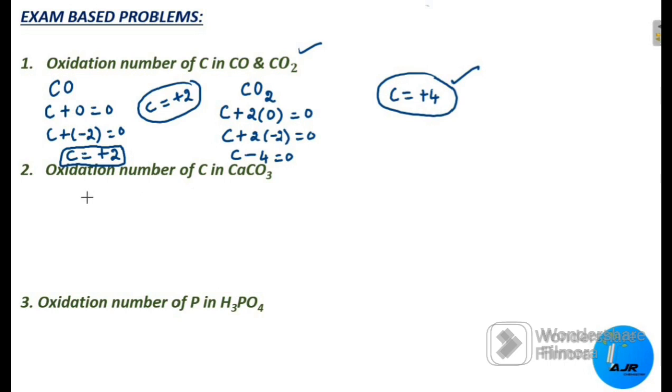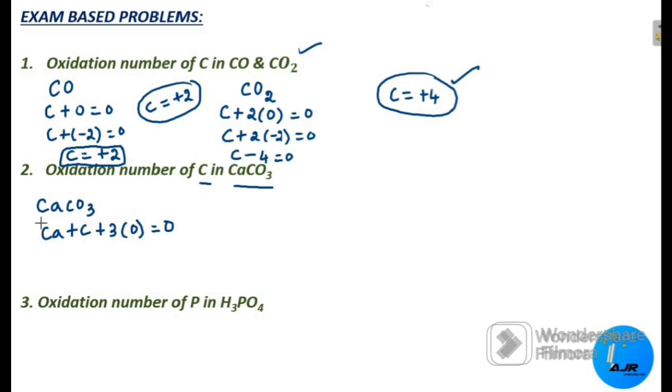So next compound, oxidation number of carbon in calcium carbonate. They are asking you to find out the oxidation number of carbon in calcium carbonate, CaCO3. So Ca plus carbon plus 3 into oxygen is equal to 0.